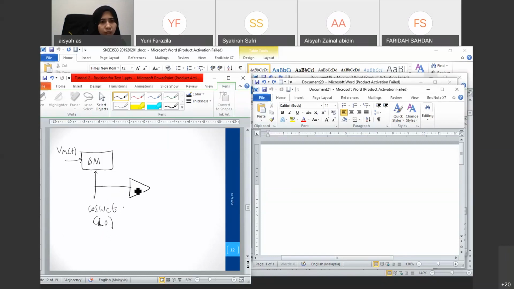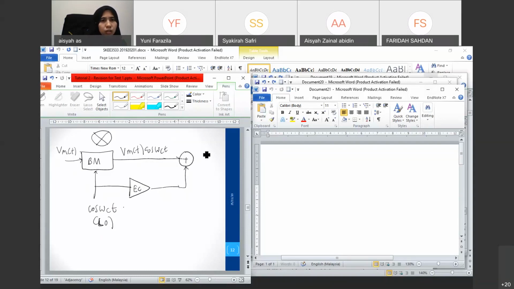This is the amplifier, amplified by EC. And the output from this balanced modulator, this means the balanced modulator is the same concept as this. So it's multiplying both of these inputs. So we have VMT cos omega CT. And then from here, we add both of these.